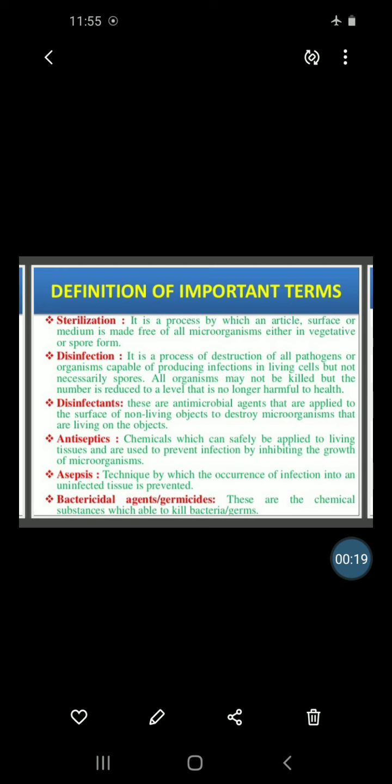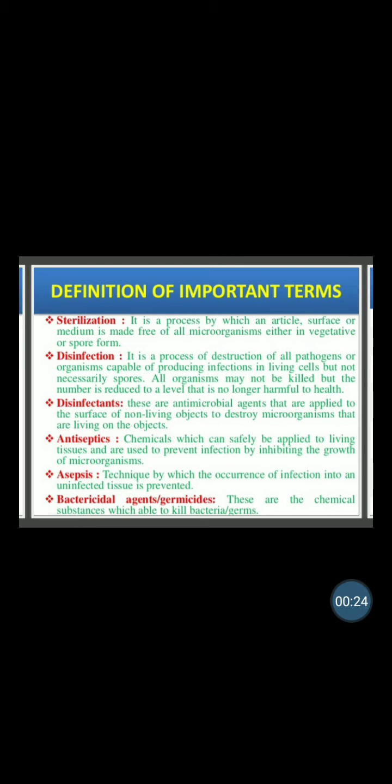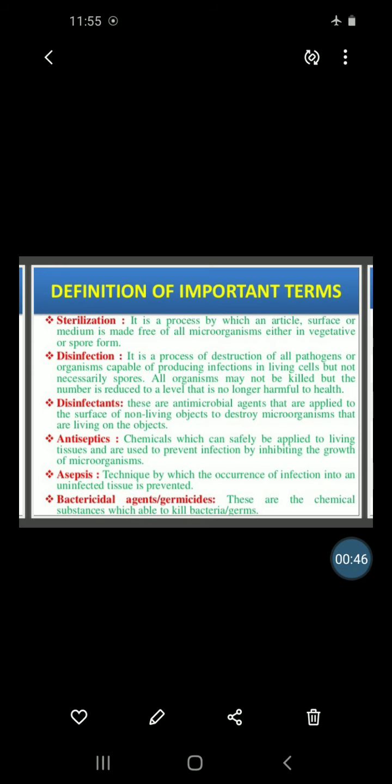What is sterilization? It is the process by which an article, the surface, or the medium is made free of all types of microorganisms, either in vegetative or spore form.